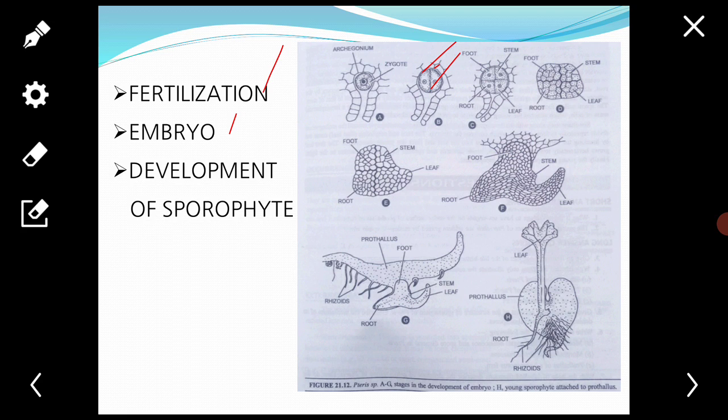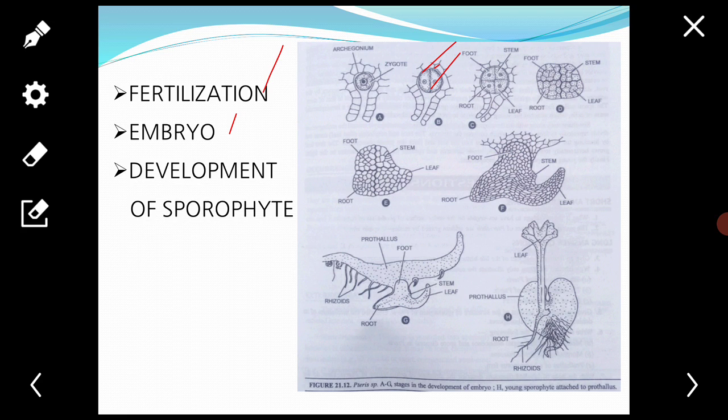Simultaneously, along with the development of the embryo, the cells of the gametophyte around the archegonium divide repeatedly to form the calyptra, which encloses the embryo. The root and cotyledon, meaning the first leaf, come out by breaking the calyptra.